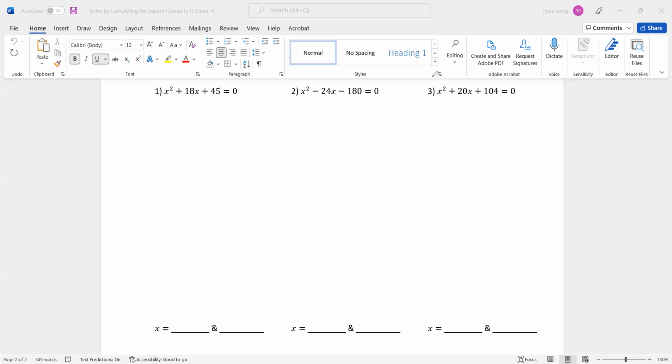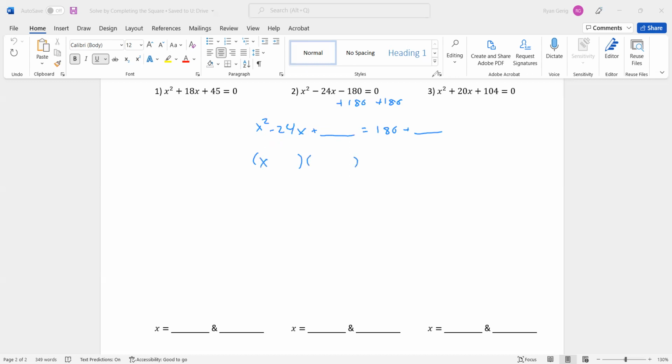First thing I'm going to do is add 180. And then I'm going to rewrite this, x squared minus 24x plus blank equals 180 plus blank. What goes in the blank? Well, I'm going to go ahead and factor.